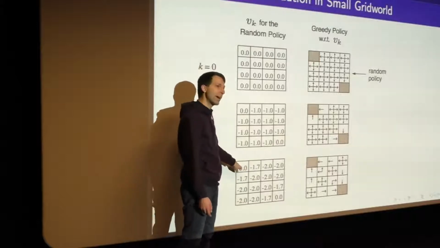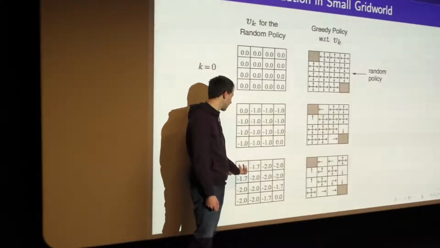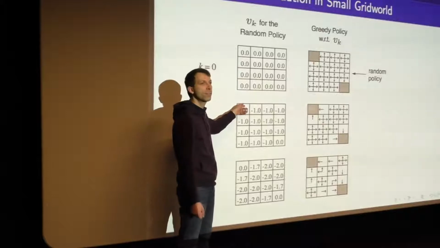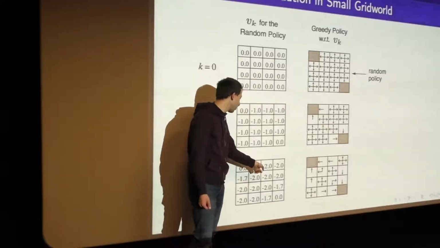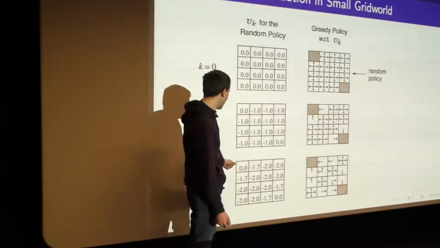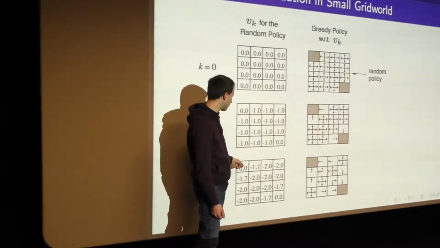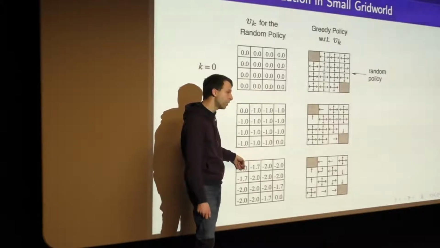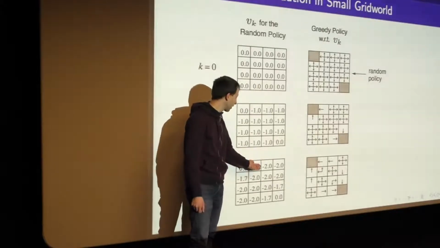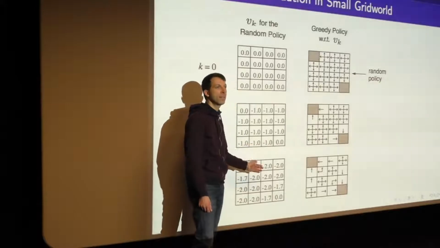But if I go west, there's going to be an immediate cost of -1, and then my estimated cost of the goal is 0. So this should be -1.75. I've got 0.25 probability of just getting -1 reward for the immediate cost, and 0.75 probability of getting -2.